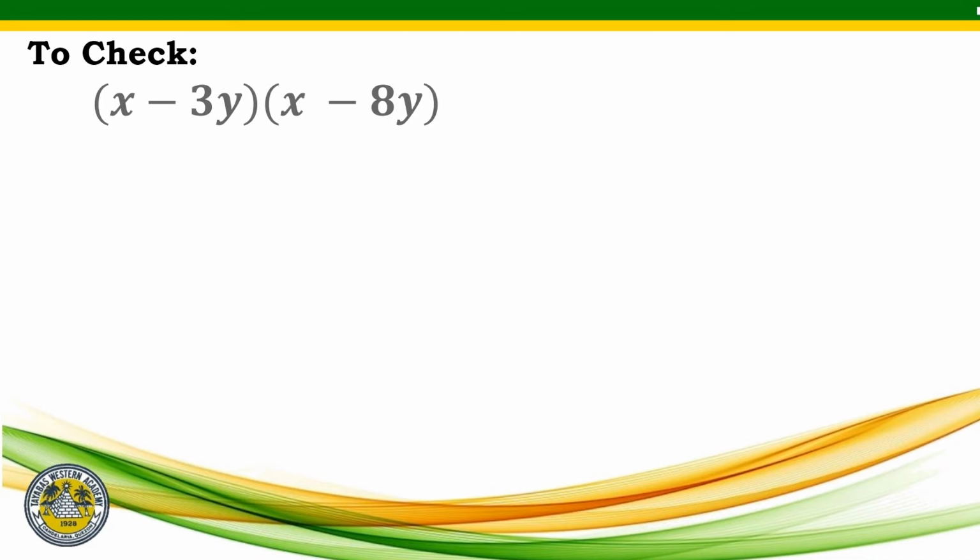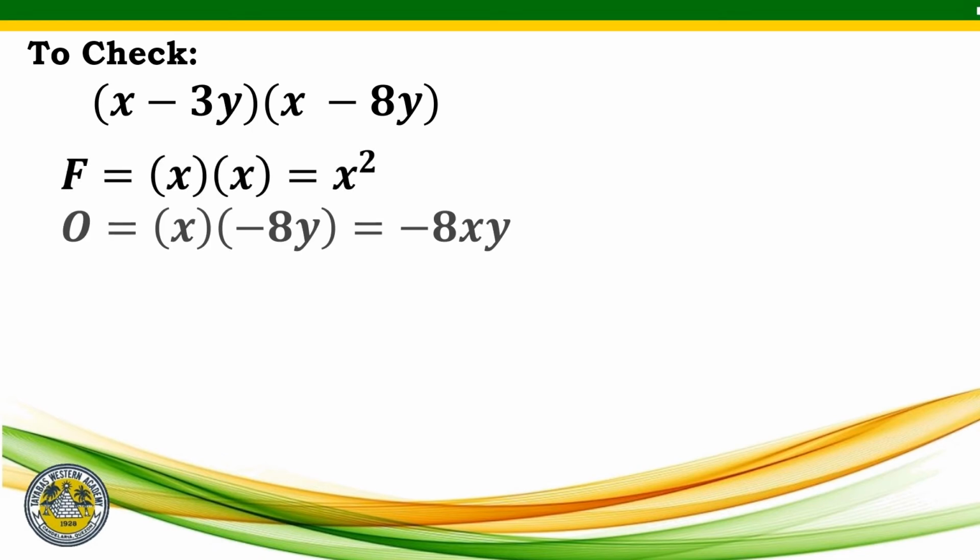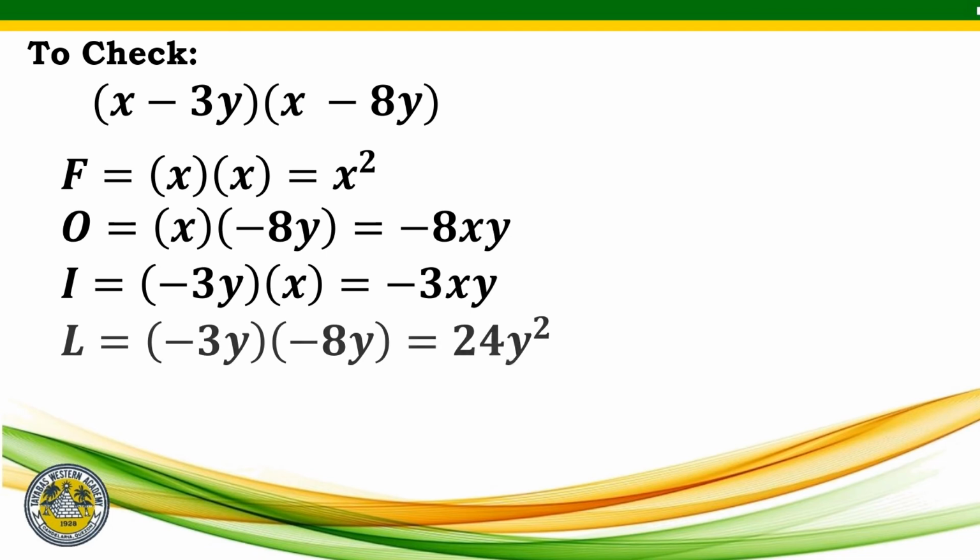So to check, kaparehas ng pag-check natin kanina. So yung ating final answer, x minus 3y times the quantity x minus 8y. Multiply lang natin ang first term, outer term, inner term, and last term. So ang gagawin natin, i-add lang natin lagi ay ang outer at inner.